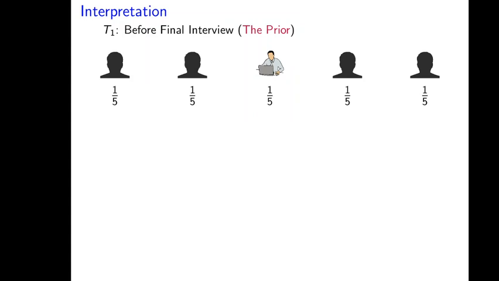The first timestamp is T1, which is before the final interview, and at this timestamp we draw our prior estimation or prior probability. Here each candidate, including John, has an equal opportunity to get the job, so each candidate has an opportunity of 1/5 or 20%.